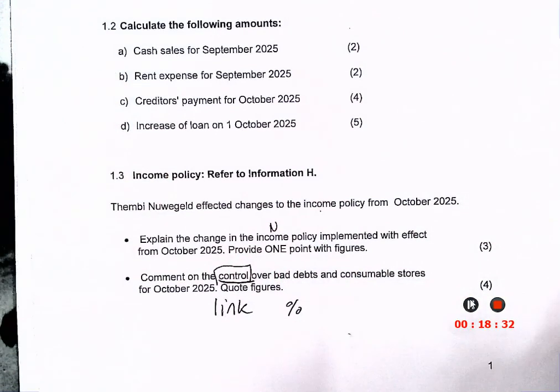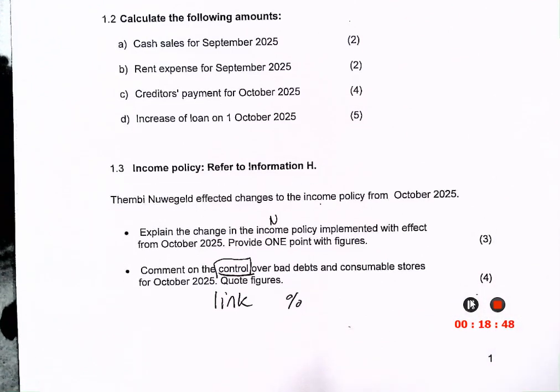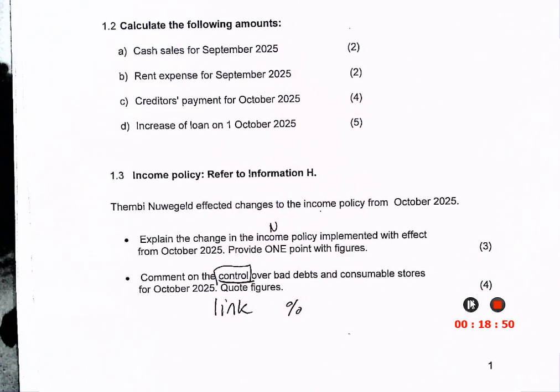The easiest one is you link advertising with sales. Because why do you advertise? To sell. So if your budgeted advertising is 2% of sales, then your actual must also be 2% of sales. You see? So if it then suddenly is 7% of sales, then it's not good control. You get what I'm saying? You can't just see that it increased.